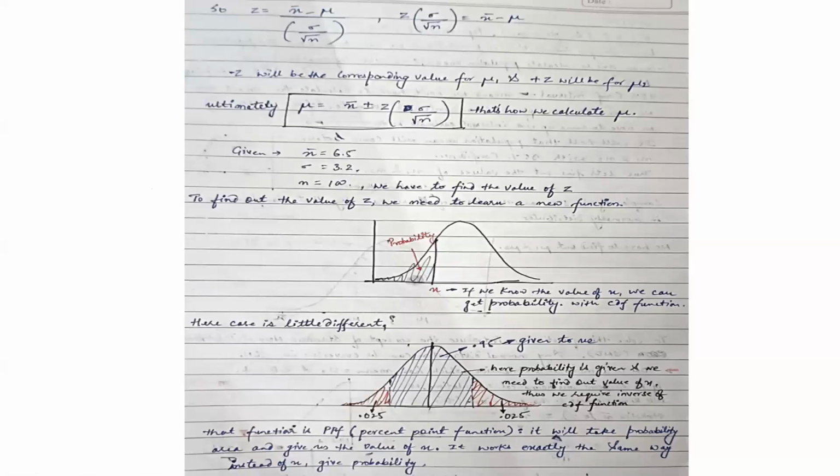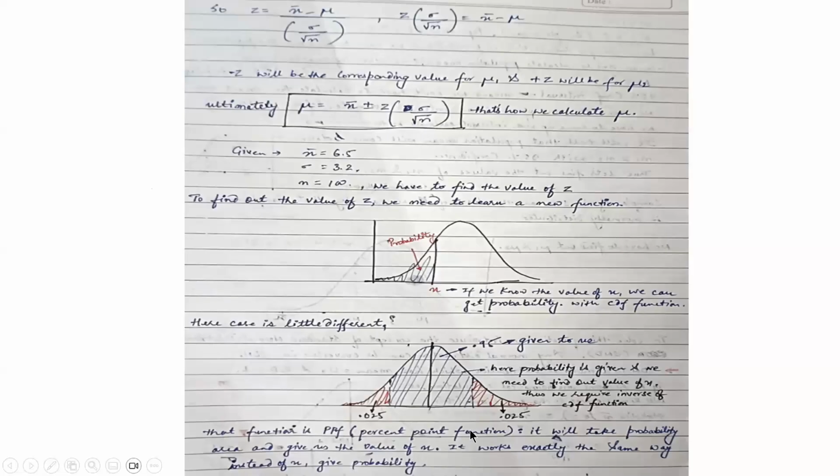And here we will use the PPF function, that is the percent point function. When the percentage is given to us, this 95%, and we have to find these x points, that is the percent point function. It will take the probability area and give us the value of x.